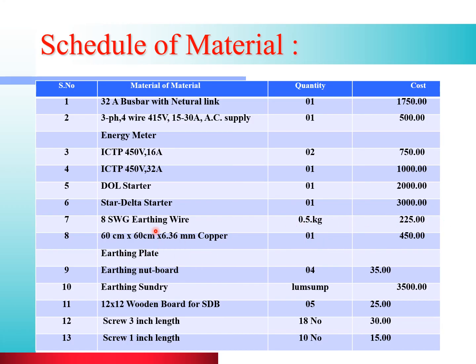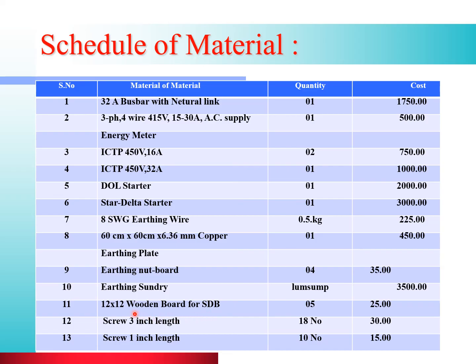Then earthing plate for the earthing, 16 centimeter by 16 centimeter multiplied by 6.36 millimeter copper earthing plate, one is required. Then earthing nut bolt, 4 numbers is required. Then earthing sundry lump sum quantity is required.